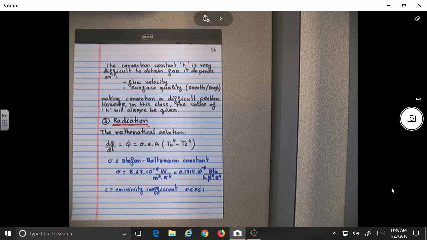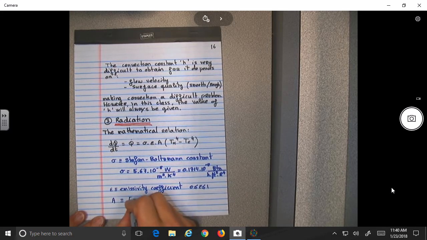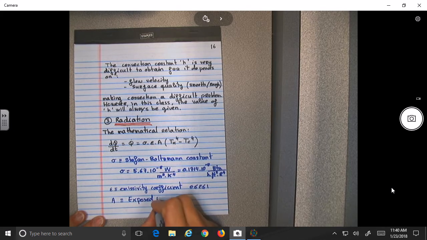So anyway, the last thing we need here is A, again, the exposed area. Any questions so far?